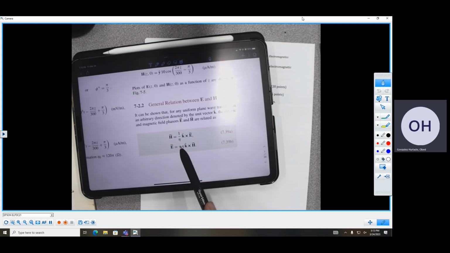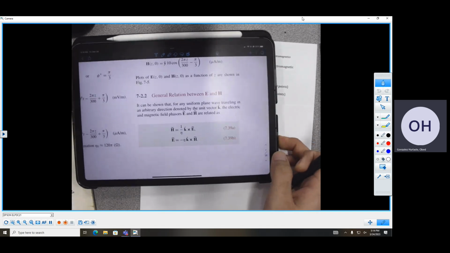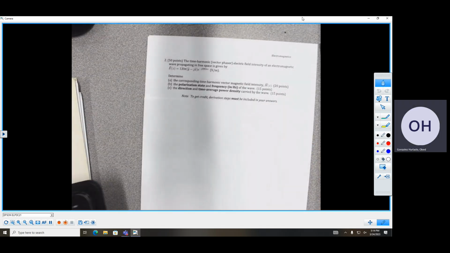Duarte doesn't really like these. He uses the one in chapter 6, which is the one I'm going to write down. He doesn't like using them if you don't know how to characterize a plane wave. That's the only reason why.